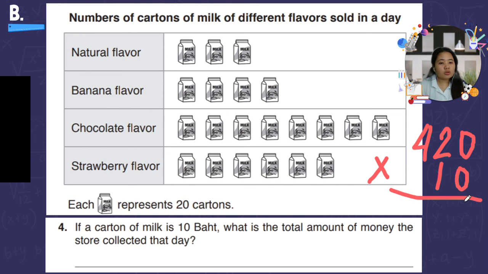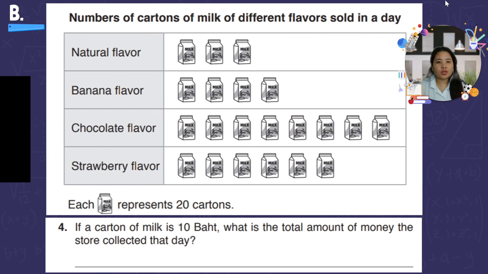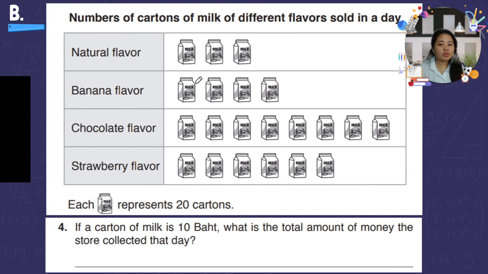So let's count. 0, 0, 0, 0, 0, 2, 4. Okay, let's do it one more time. Okay, wait. One more time. 4, let's make it small. 420 times 10.